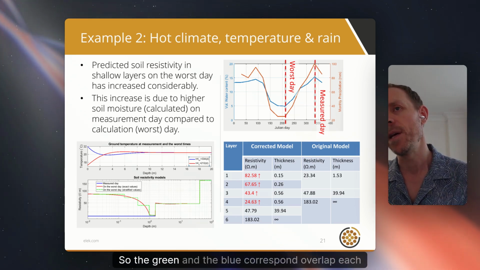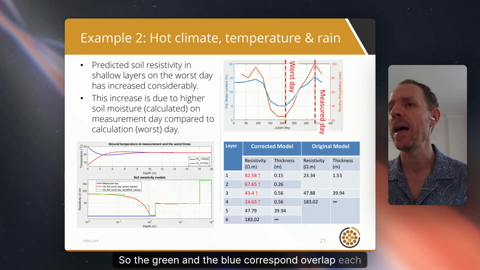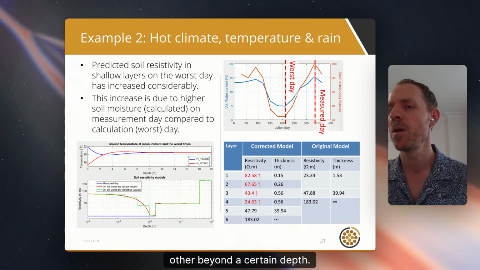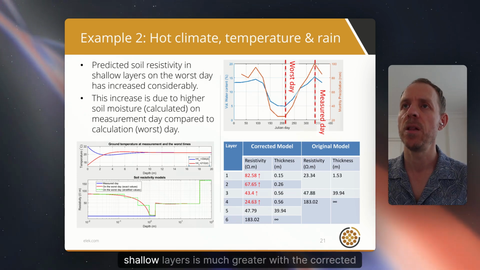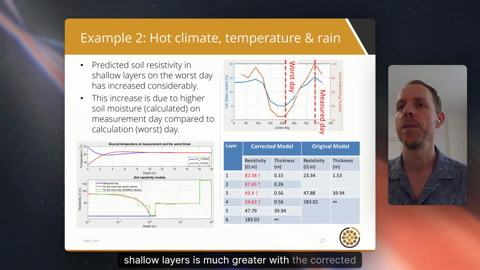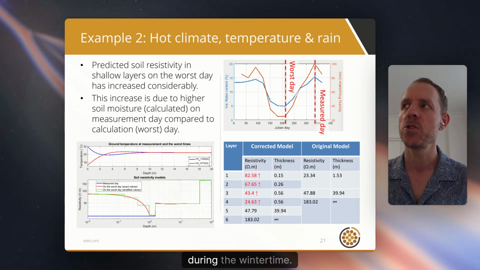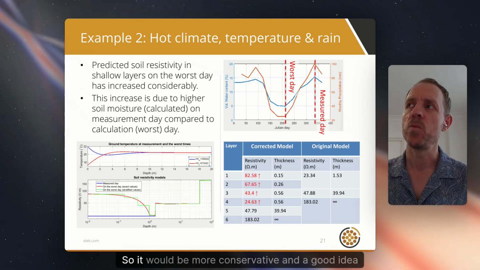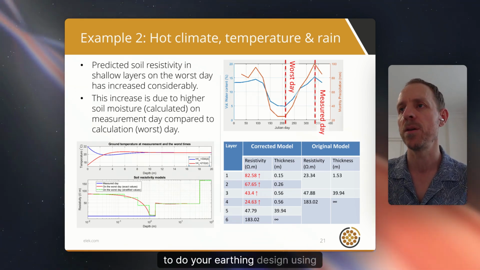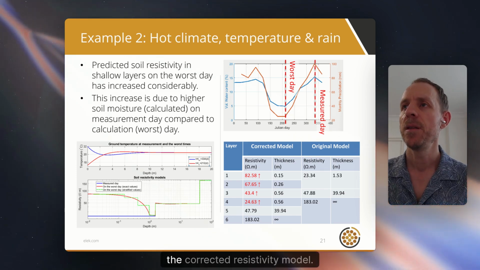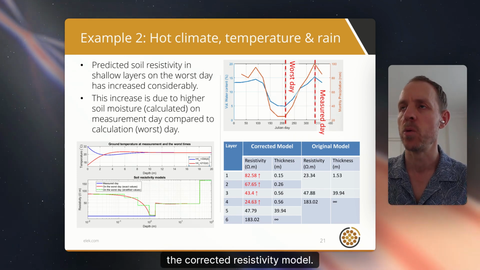So the green and the blue overlap each other beyond a certain depth, but at shallow depths, the resistivity of the shallow layers is much greater with the corrected model during the wintertime. So it would be more conservative and a good idea to do your earthing design using the corrected resistivity model.